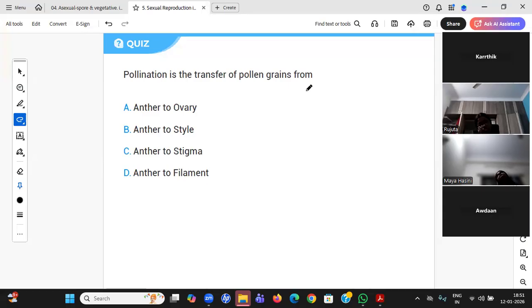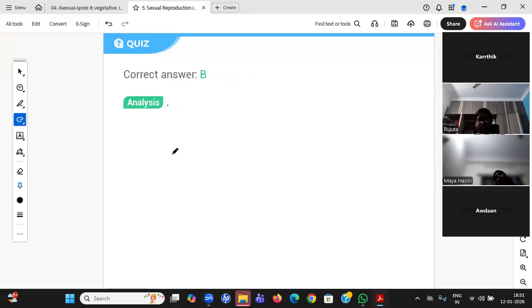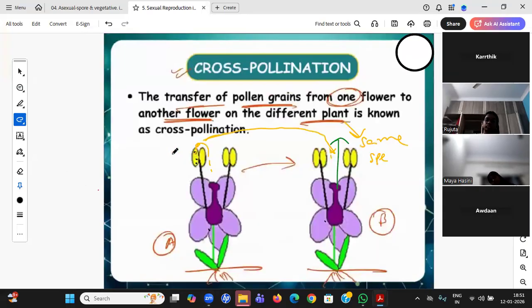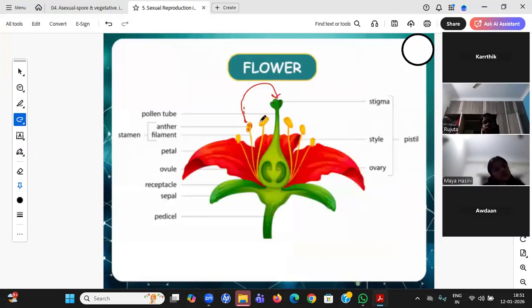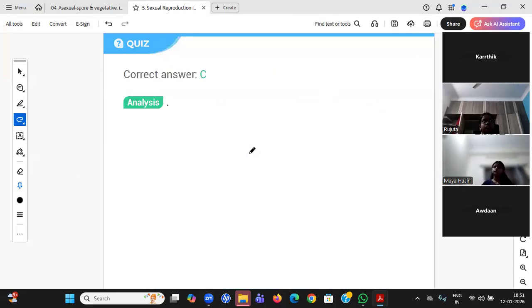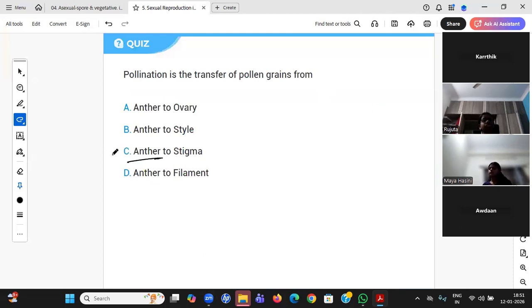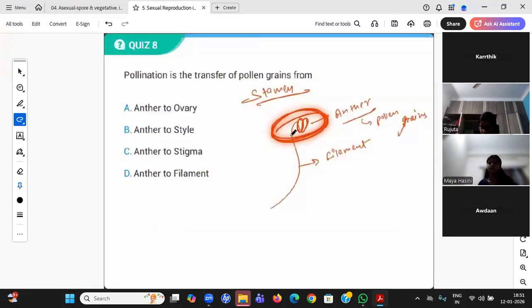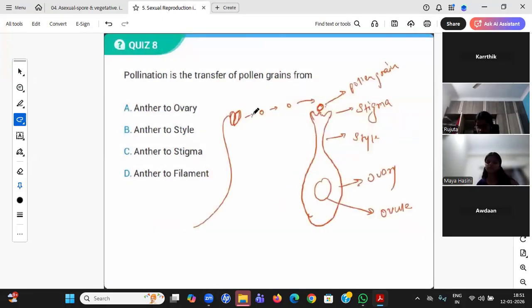Come on, Karthik. Anther is the male part. This is the female part. Pollen grains should move from male to female, so anther to stigma is the right answer. Stigma is the top portion of the female part. From the anther, the pollen grains should move to the top portion of the center part, which is the stigma.